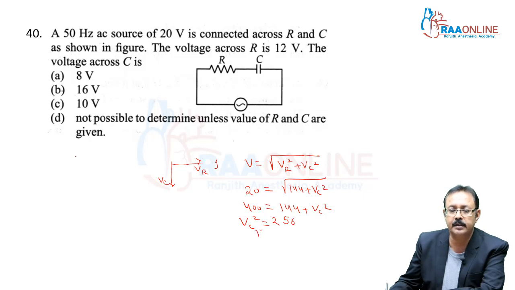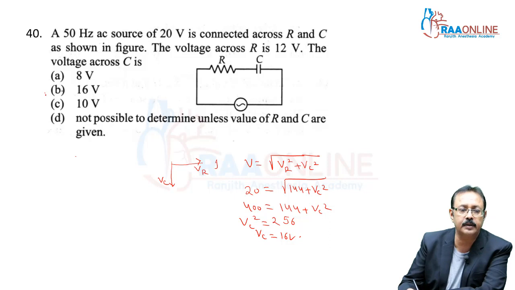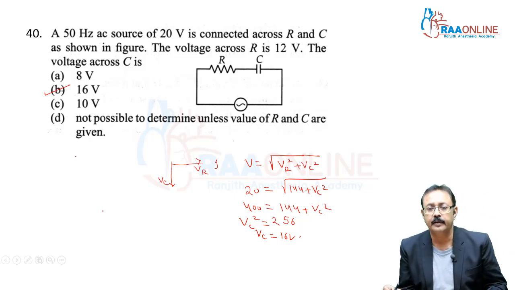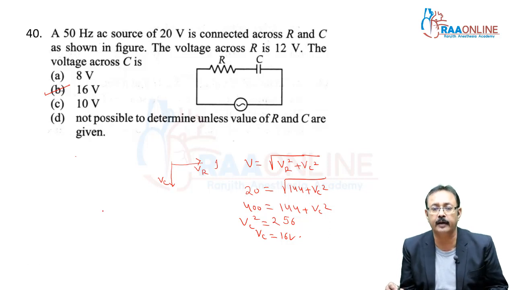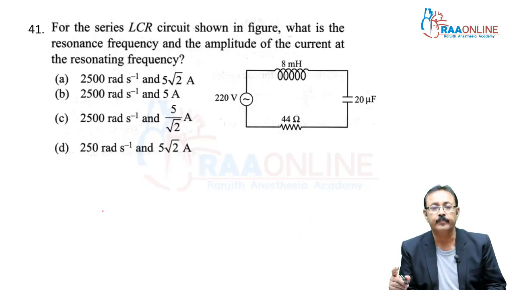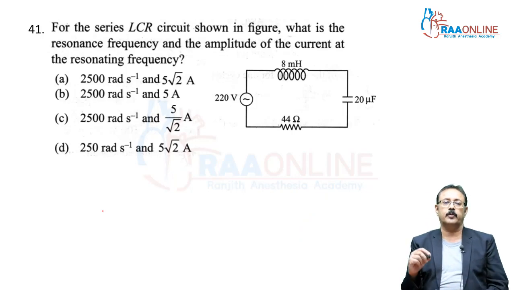So VC is 16 volt. So we are going with option B, 16 volt. If R were given, we could calculate the current in R, and after multiplying that current with XC, we could get VC.